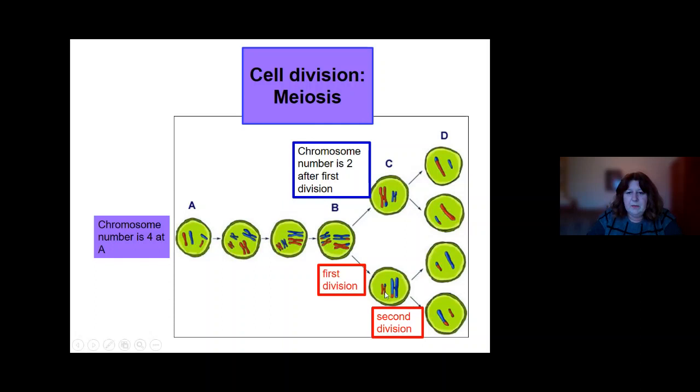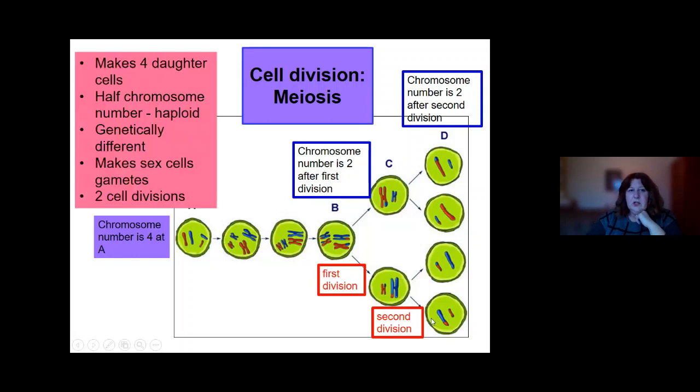And the same thing happens with the little red chromosome there. So after the second division the chromosome number is still 2. It halves after the first division but stays the same after the second, because the chromosome number isn't changing. What's happening is the DNA is being split into each of these daughter cells.